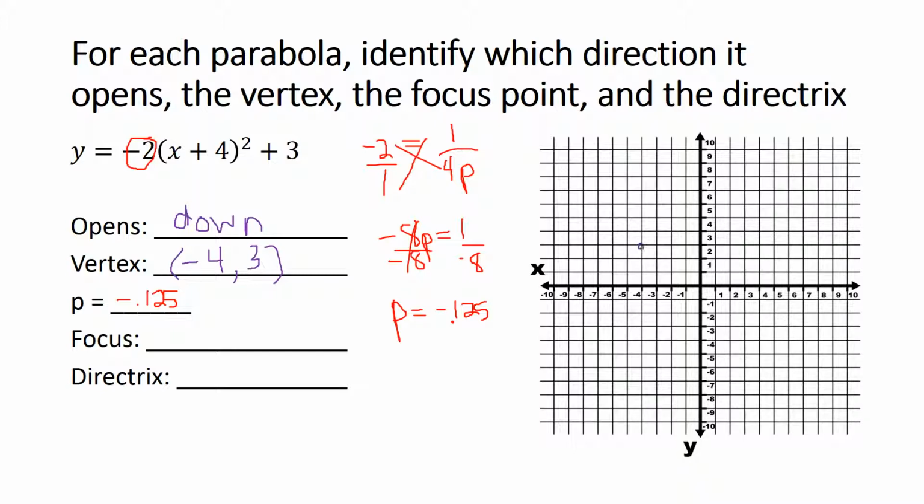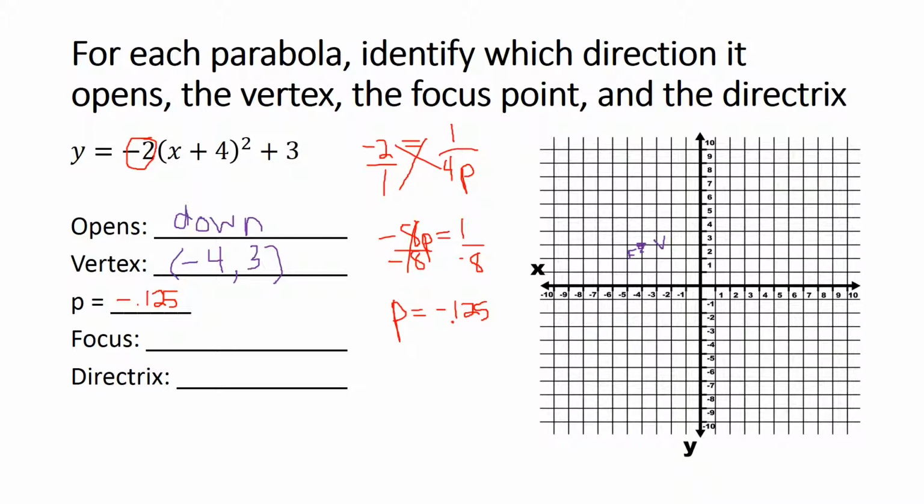So if I plot my vertex on the graph, -4, 3, this is my vertex, I understand that I'm going to be going down by 0.125 to get the focus point. So the focus point is just going to be slightly lower than the vertex.